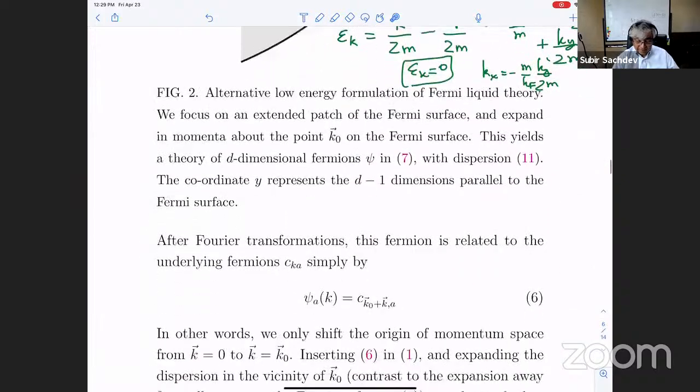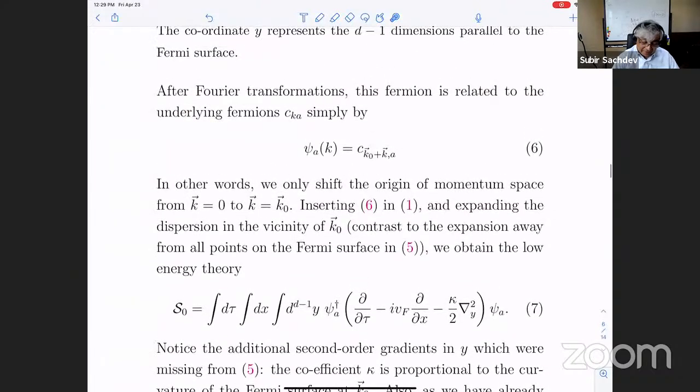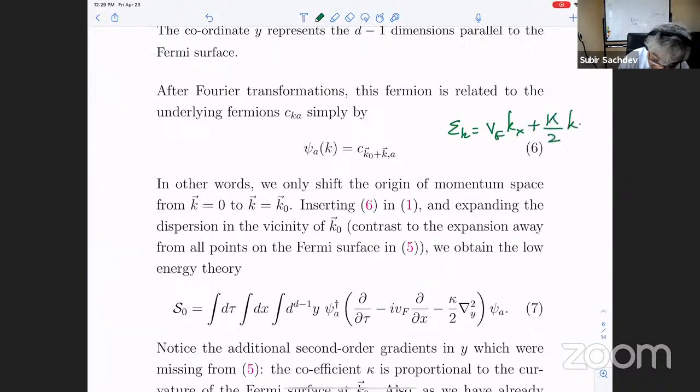So in the end, the dispersion, this is how I'm writing it in general. I'm now saying that Ek will be just vf times kx plus kappa over 2 times ky squared. So I have two parameters, vf and kappa, representing the Fermi velocity and the curvature.